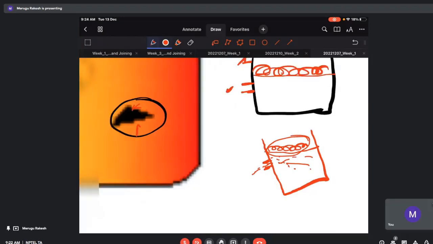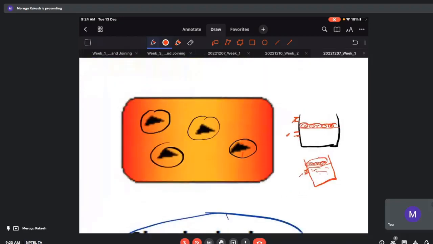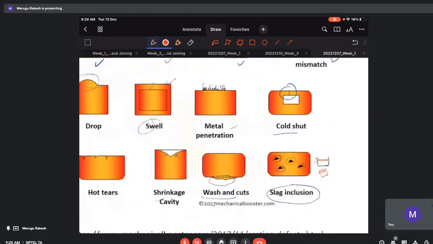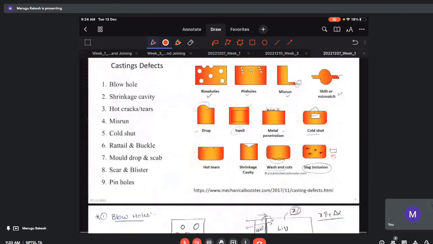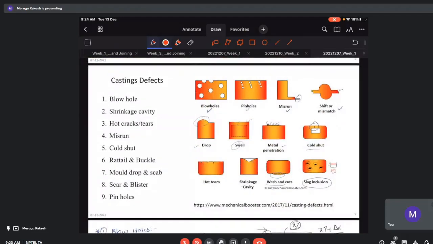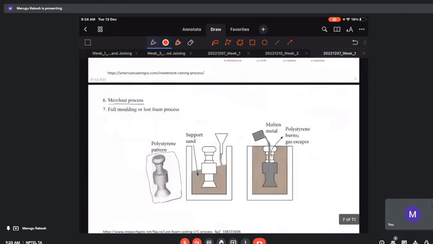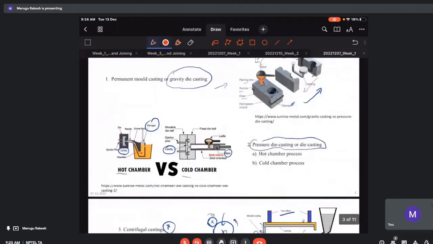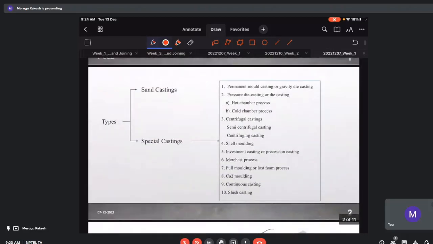Otherwise, we can make a provision like this to avoid the slag inclusions. So these are the different types of casting defects that are very important from the exam point of view, and these are the different types of casting defects that are generally discussed in foundry technology.